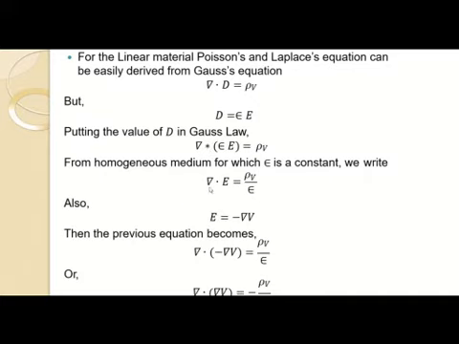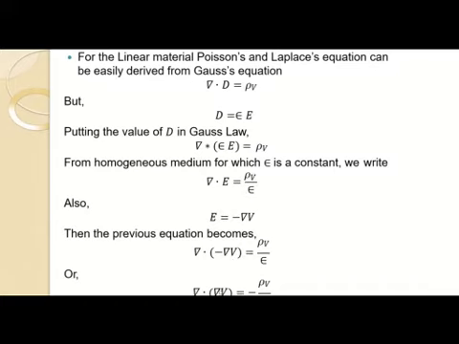Also there is the equation nabla dot E equal to rho V by epsilon. Now since E equal to minus nabla V, we can write nabla dot minus nabla V equal to rho V by epsilon. V is the electric potential.